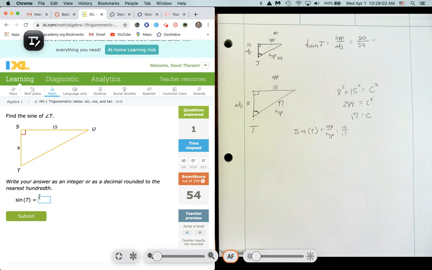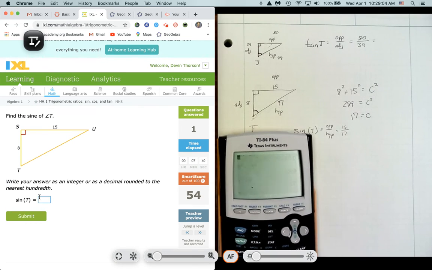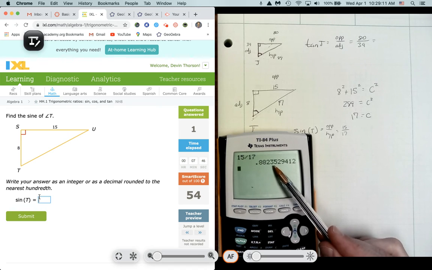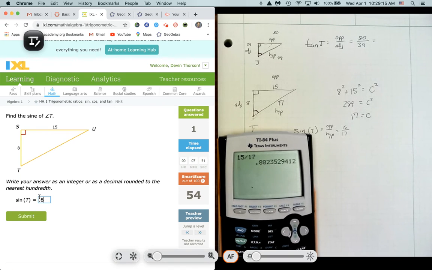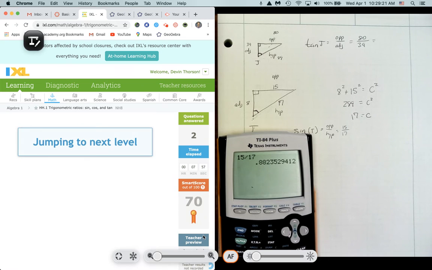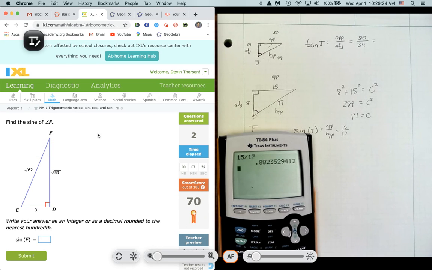And then I grab my calculator and I do 15 divided by 17, and I get 0.882. Since this is a 2 here, I'm going to leave the 8 alone and type in 0.88. My answer.